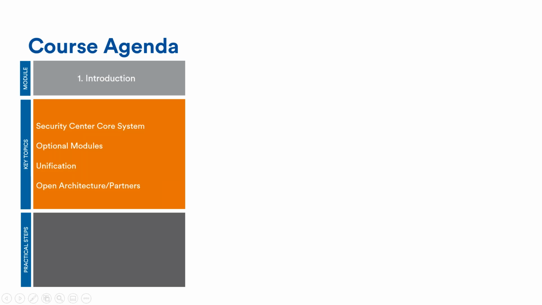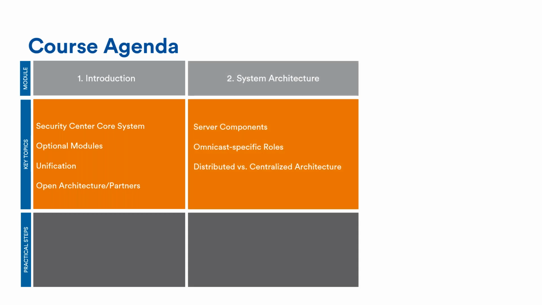Our course agenda for today will include a quick introduction. This will cover the Security Center core system, a little bit about our optional modules. We'll talk about unified platforms and open architecture. Next, we'll talk about system architecture, including the server components, Omnicast specific roles, and distributed versus centralized architecture.